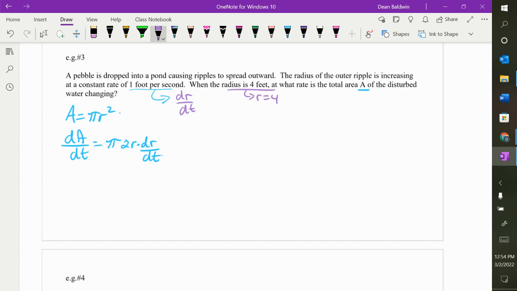And then they say, at what rate is the total area changing? So what are they asking for in the equation? It's the only thing that's left. dA over dt. The change in the area with respect to time. So I just plug everything into my formula. The radius is 4 feet. dr dt is 1 foot per second.